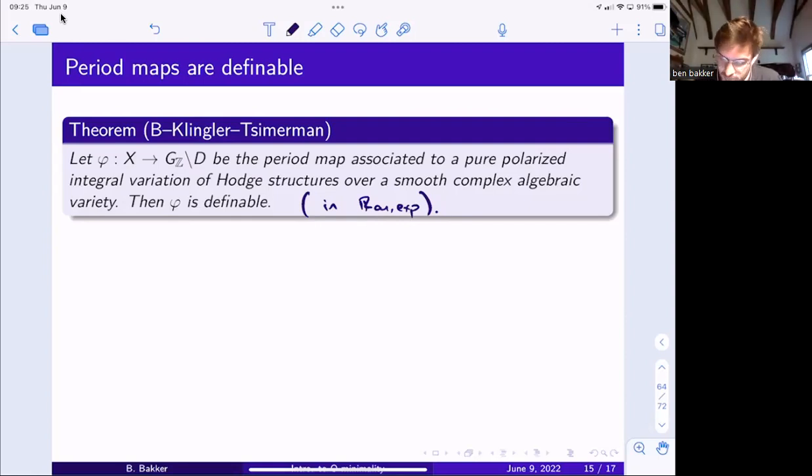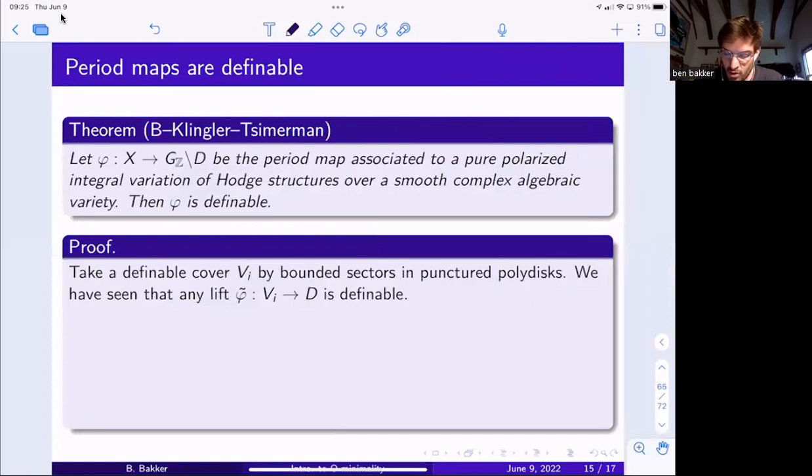So I'm not going to prove this, but let me at least indicate where the important part of the argument is happening. We've already done a lot of the work of proving this theorem. We put a definable structure on D mod G in the first place.